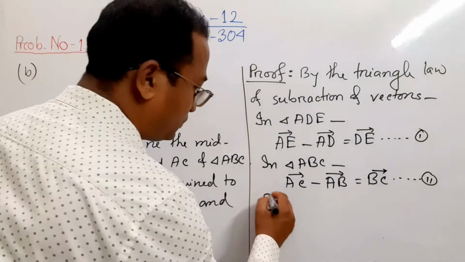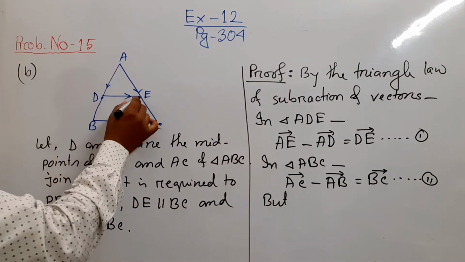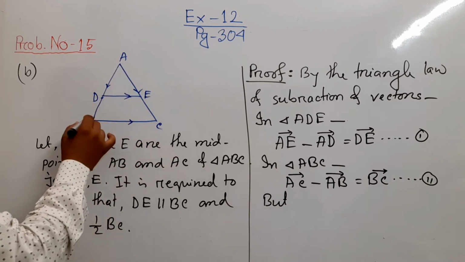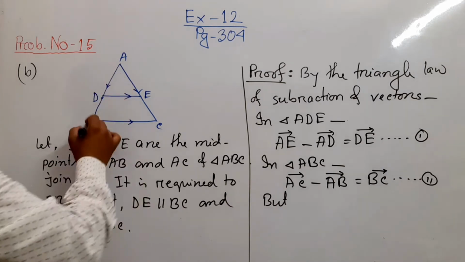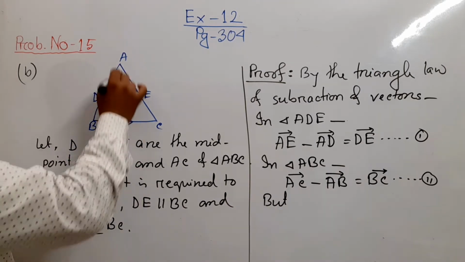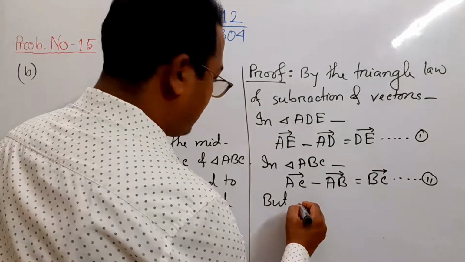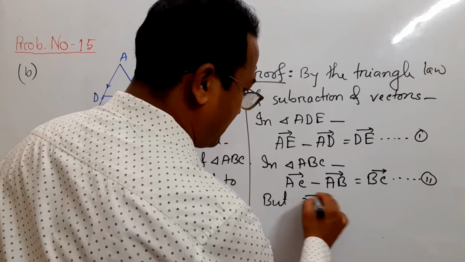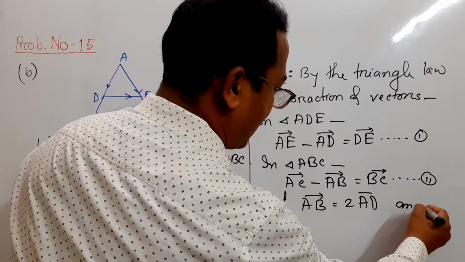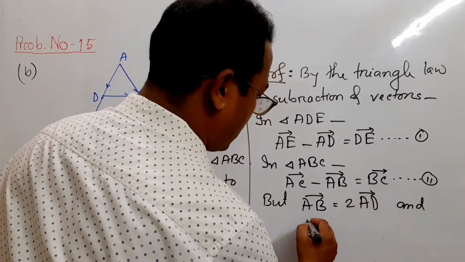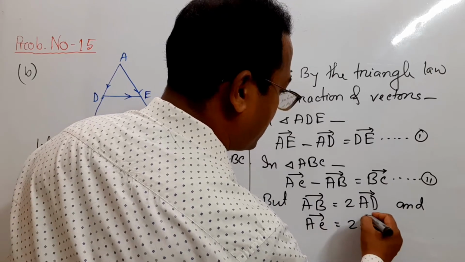But look, D is the midpoint of AB and E is the midpoint of AC. So we can say AD is equal to half of AB, or AB is equal to 2AD, and AC is equal to 2AE. Vector AB is equal to 2AD and vector AC is equal to 2AE.